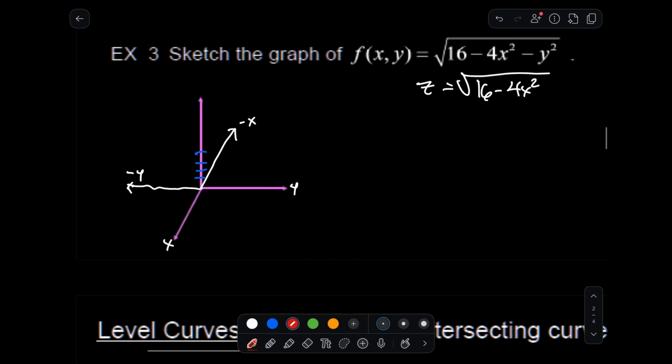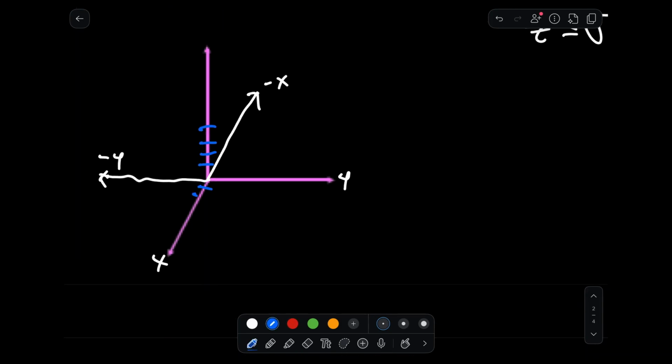And then it would be 1, 2, 1, 2. And then it would be going up like this and going down like this. 1, 2, 3, 4. 1, 2, 3, 4.